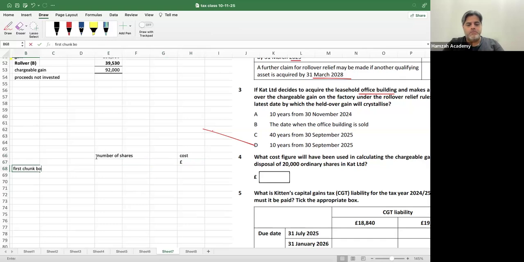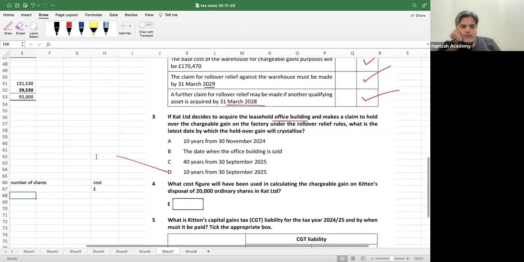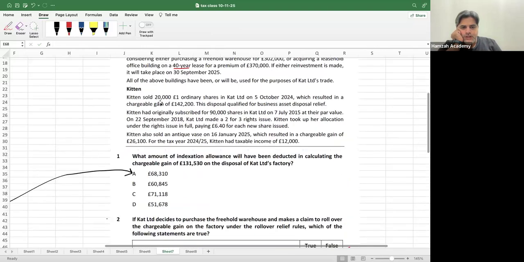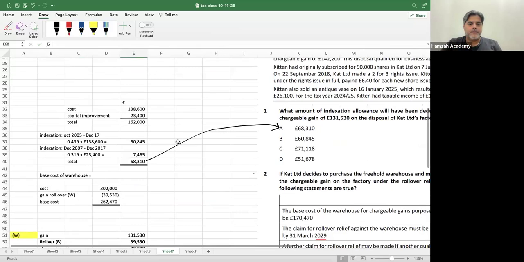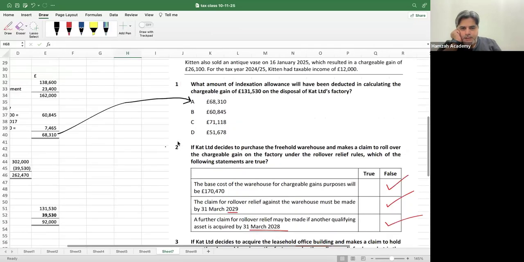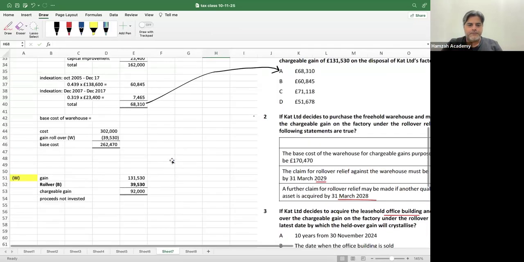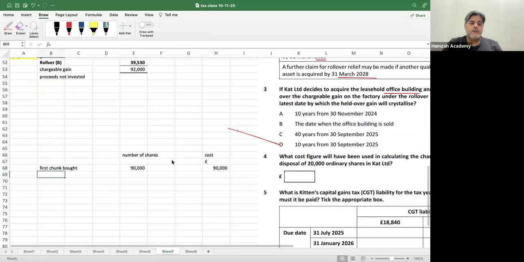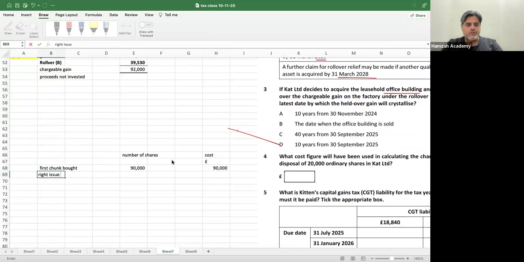First chunk bought. You bought the first chunk, 90,000 shares on the par value. And the par value was £1. That's going to be over here. Then we had a rights issue over here.